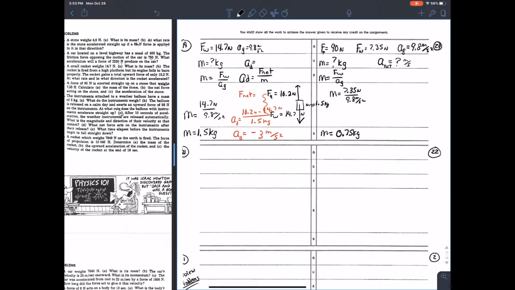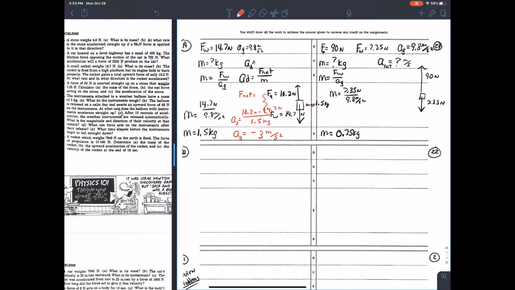All right, now with a little diagram here to help us out, you have the weight of this thing is going to be 7.35 newtons acting downwards, and you have an upward force of 90 newtons. The mass of it, we just figured out, 0.75 kilograms.